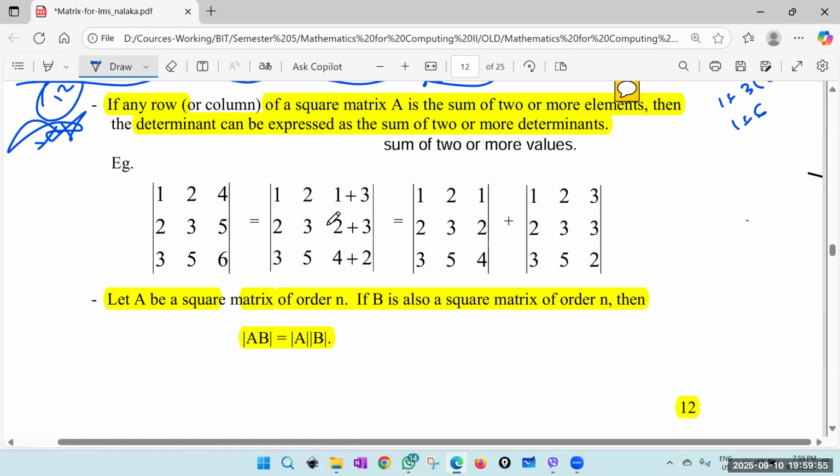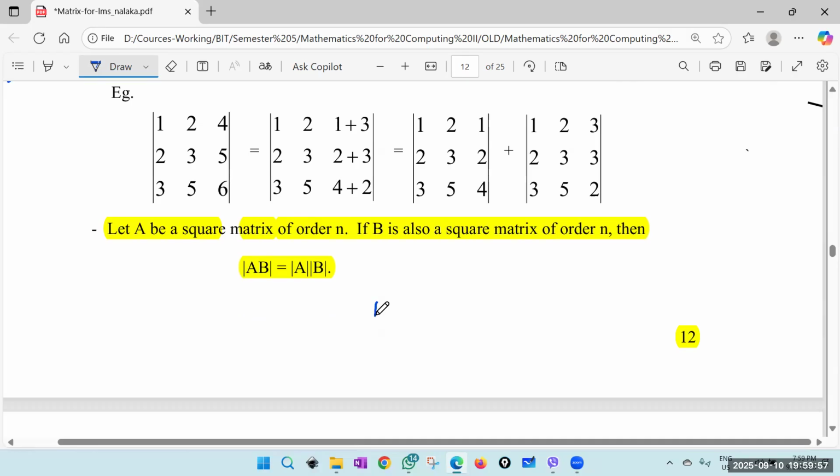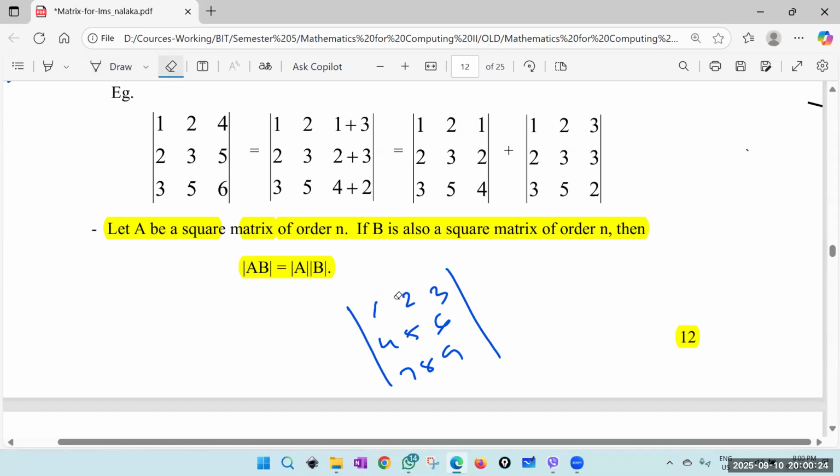Say this is my matrix: 1, 2, 3, 4, 5, 6, 7, 8, 9, just to make it easy. I want to find the determinant of this one. Now you take any row or column. Let's take this column, because you can do it for any row or column.